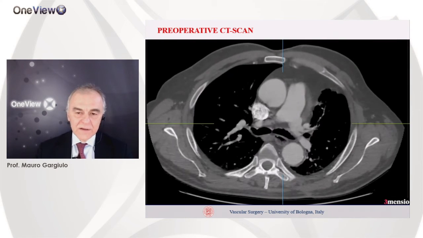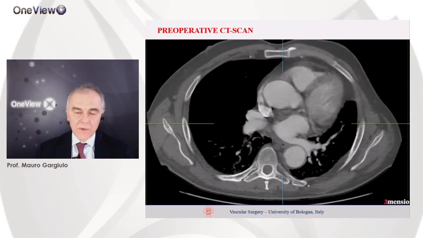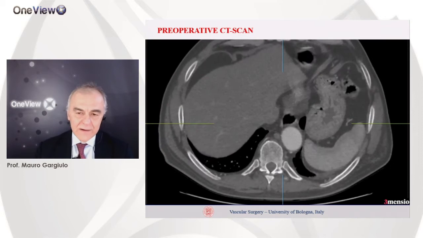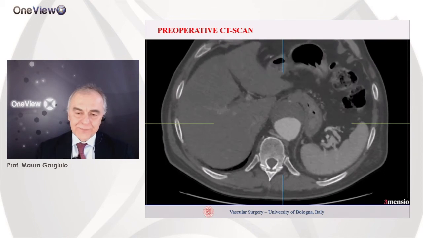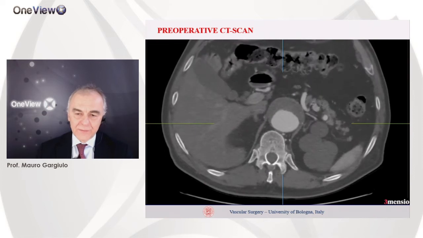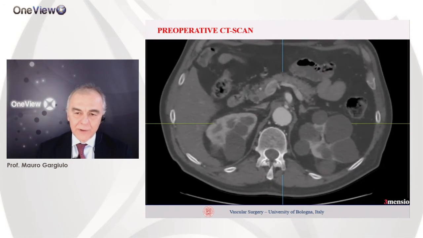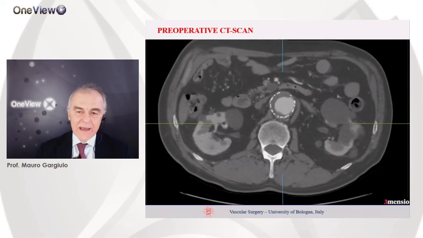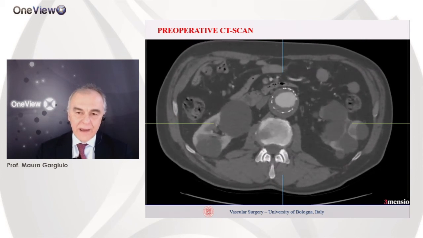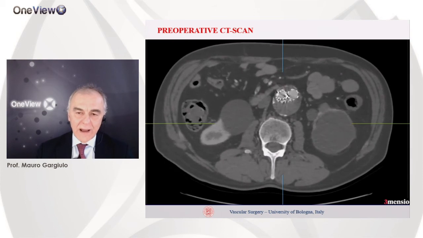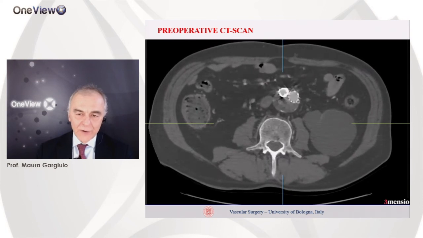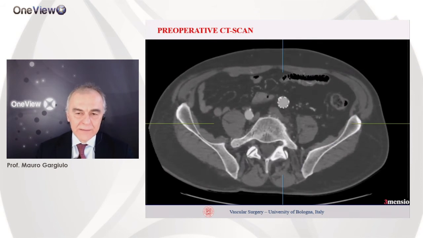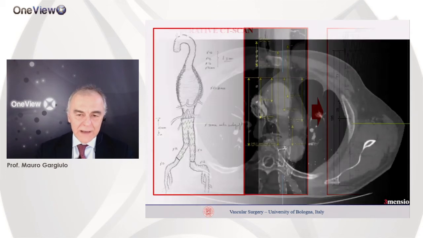This is the CT of this patient with a normal descending thoracic aorta, but at the level of the passage between the thorax and the abdomen, you can see the aneurysm and the location of the visceral vessels and the Endurant endograft in the abdominal aorta with good patency of the two limbs without any type 1B endoleak.